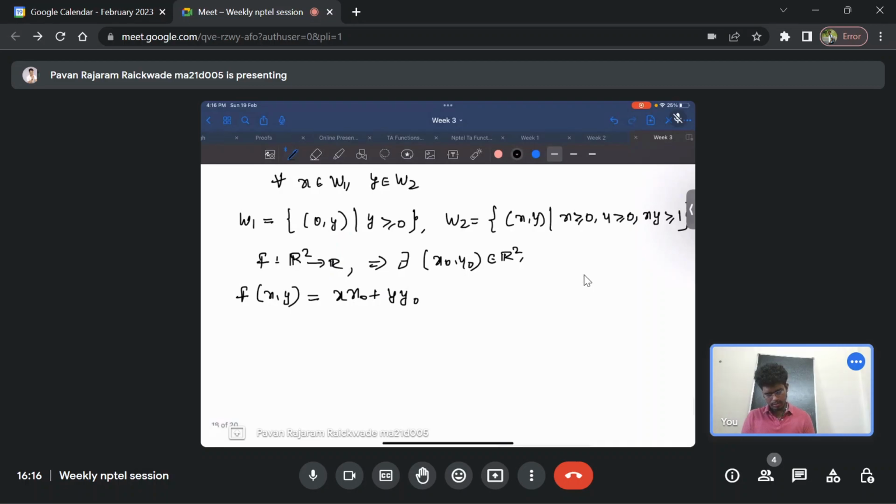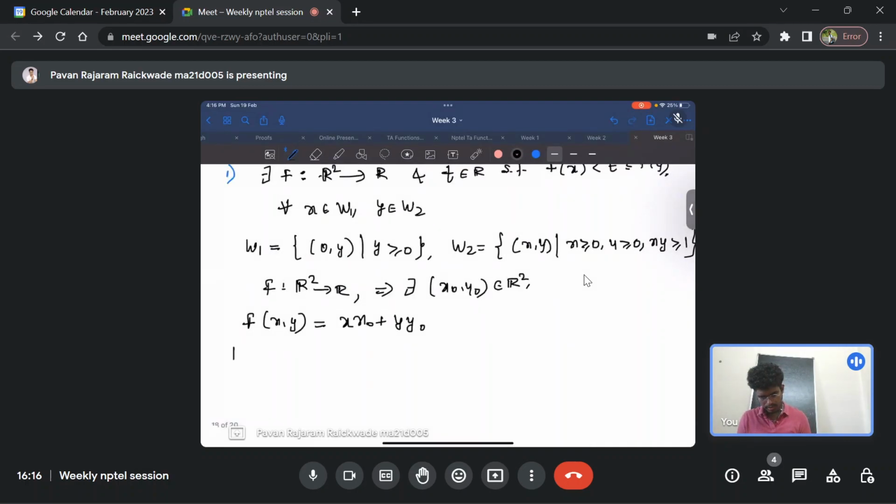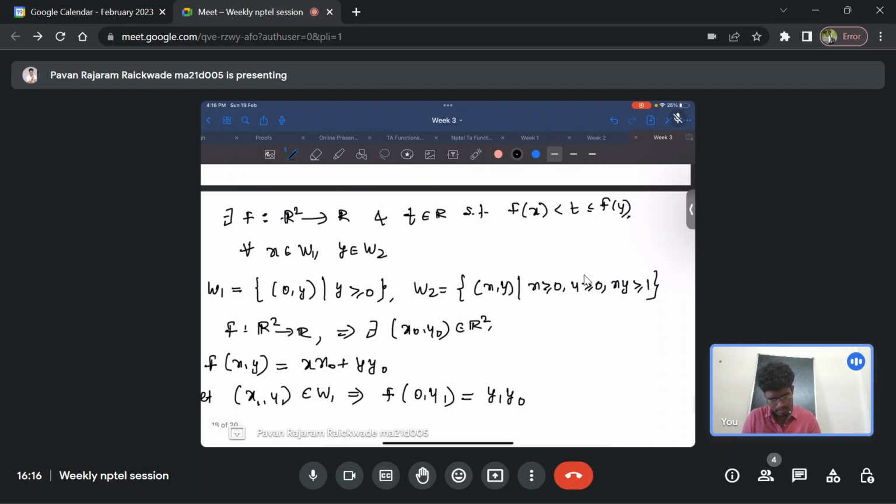Now suppose a point (x1, y1) belongs to W1, which implies x1 is 0. So f at (0, y1) is y1·y0. I will name this equation star.